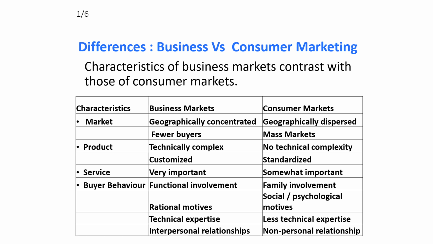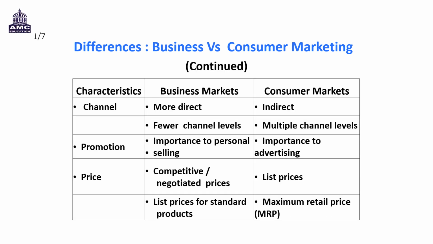Whereas in the business market, there is a lot of personal interaction between the industrial buyer and industrial seller. They will have a very good rapport and they will negotiate. They will fix the price and quantity, everything. So they will have a very good working relationship with each other. So this is the buyer behavior showing the difference between the two.